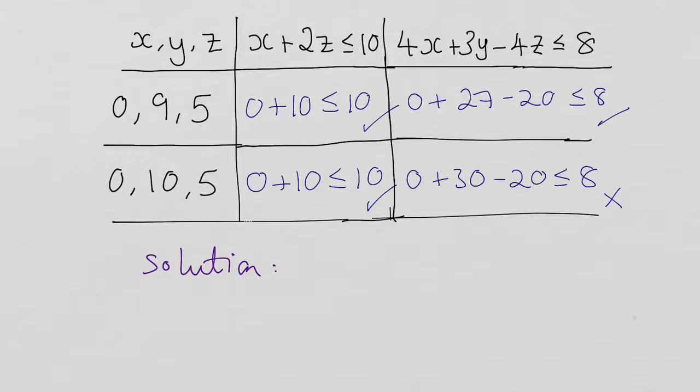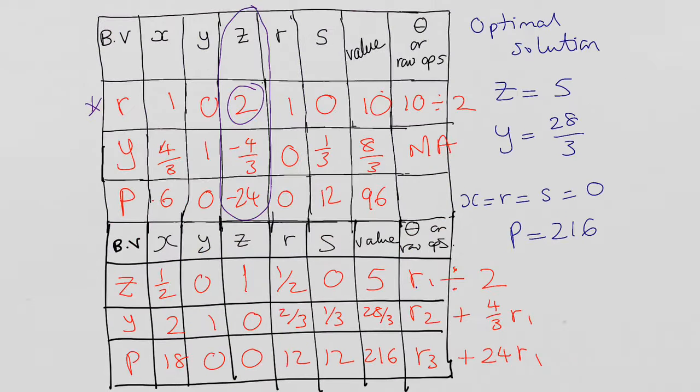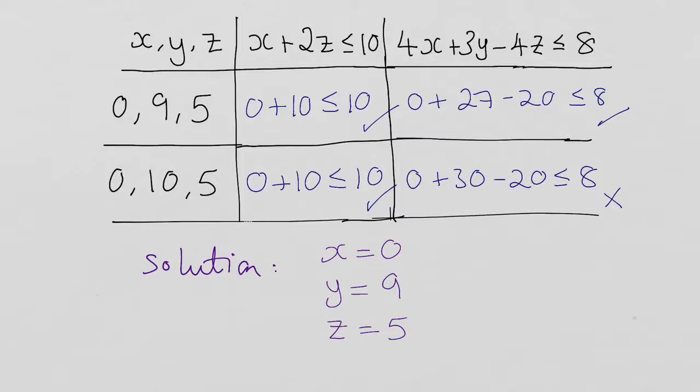So our solution is going to be x equals 0, y equals 9 and z equals 5. Now going back to the objective function, if you plug your x, y and z into there, so all the way back here, that will give you a profit of 148.